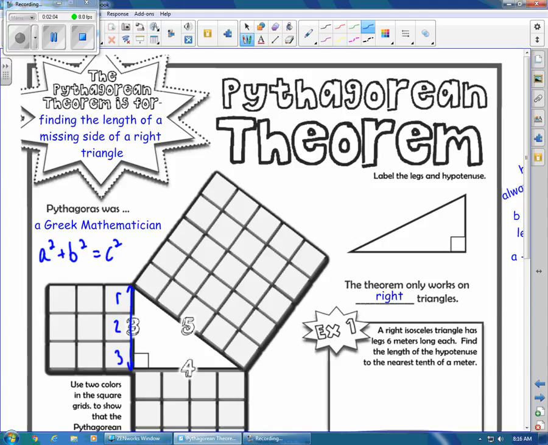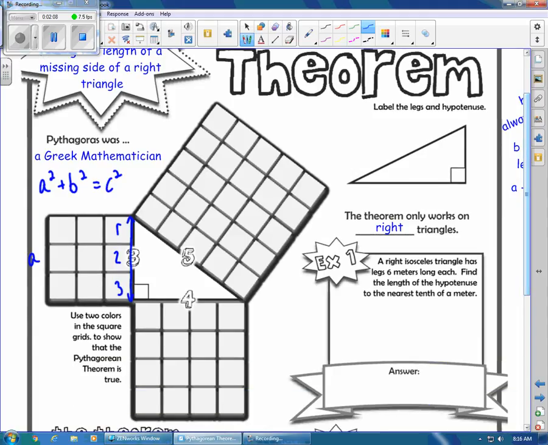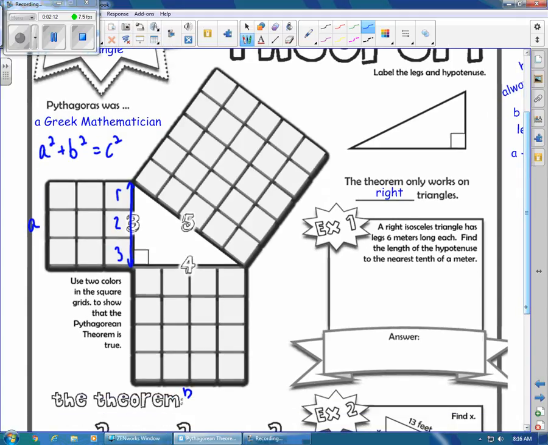And that's my A side. And B is over here, and B is 4 units long. So again, 1, 2, 3, 4. Looking at my C side, we'll call this C, 5 units long.